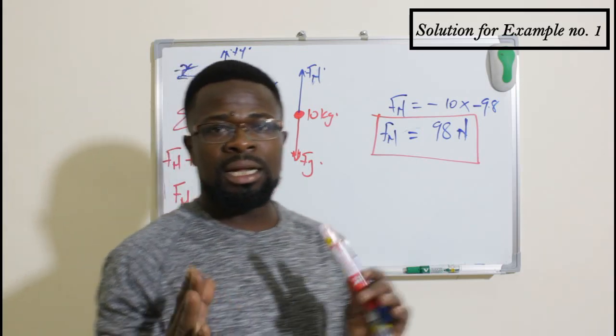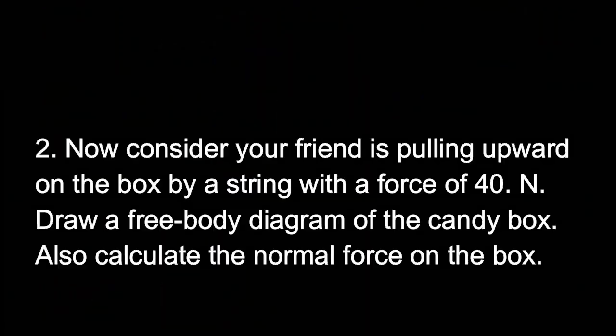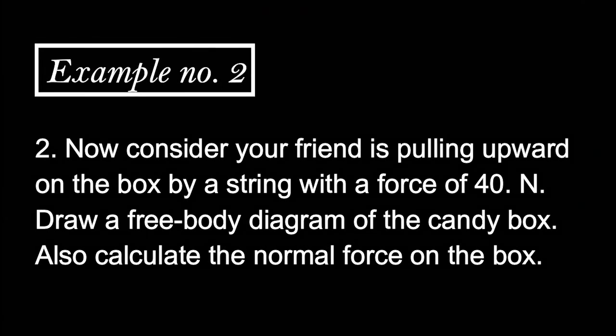Okay, let's look at example number 2. Now consider your friend is pulling upward on the box by a string with a force of 40 newtons. Question number 1 says, draw a free body diagram of the candy.